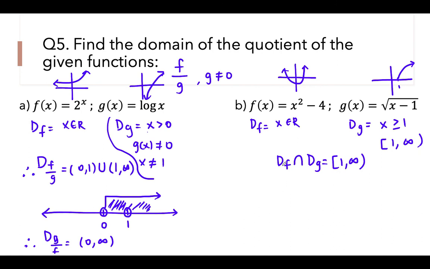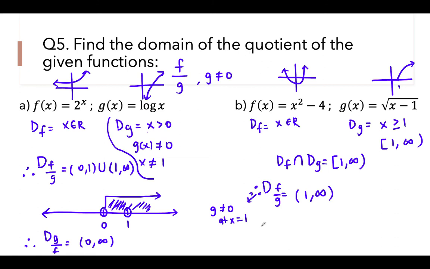Therefore, if we're looking for the domain of f divided by g, we have to keep in mind the g function cannot be equal to 0. And if you look at it, it's going to be equal to 0 when x is equal to 1. Therefore, we cannot include 1. So it's going to be an open bracket, (1, infinity).